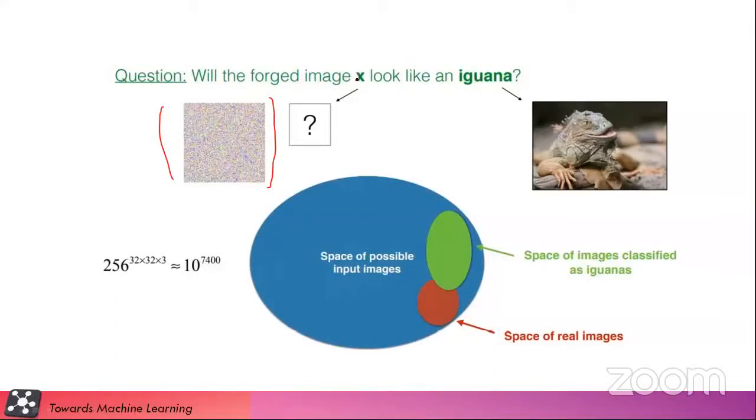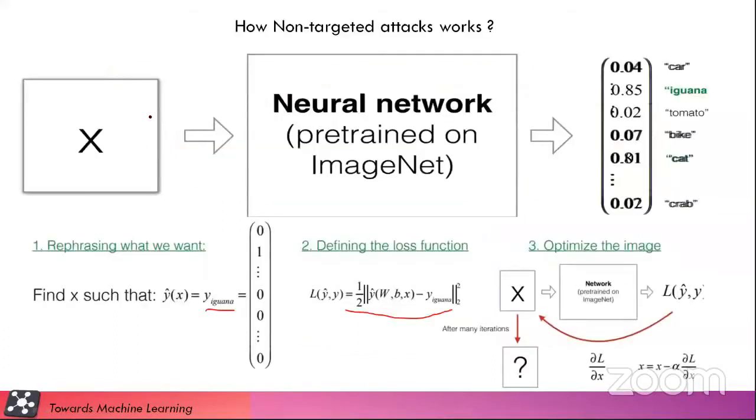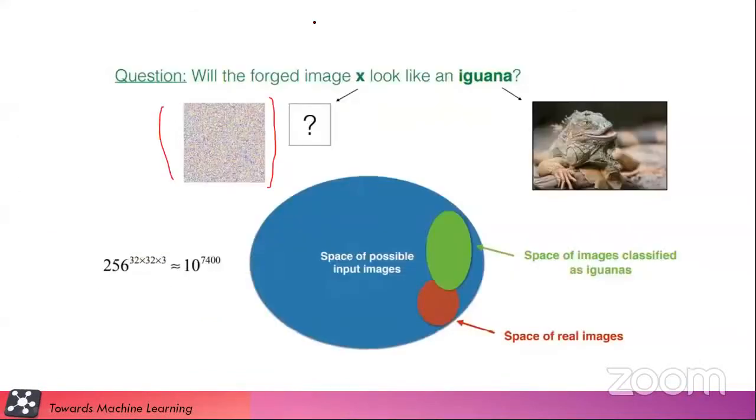Will the image we are forging look like an iguana or not? If you think it will look like an iguana after the optimization process, type yes in the comment box. And if you think that it will not look like an iguana, then no. What do you think?